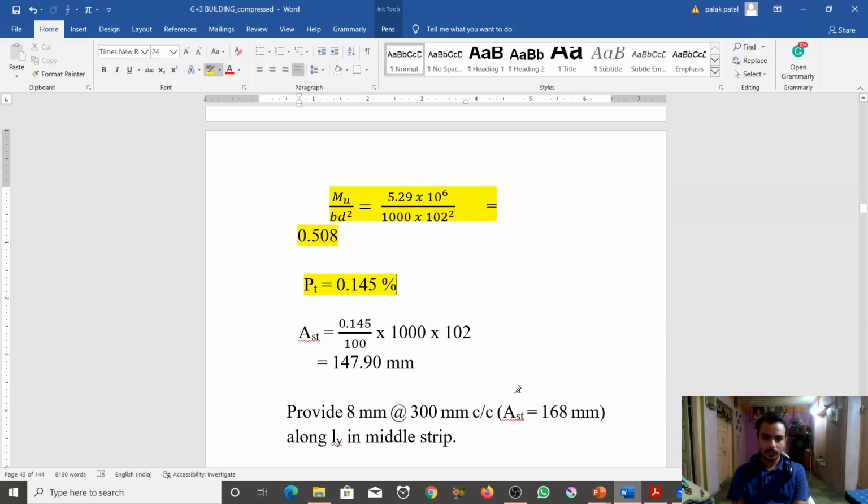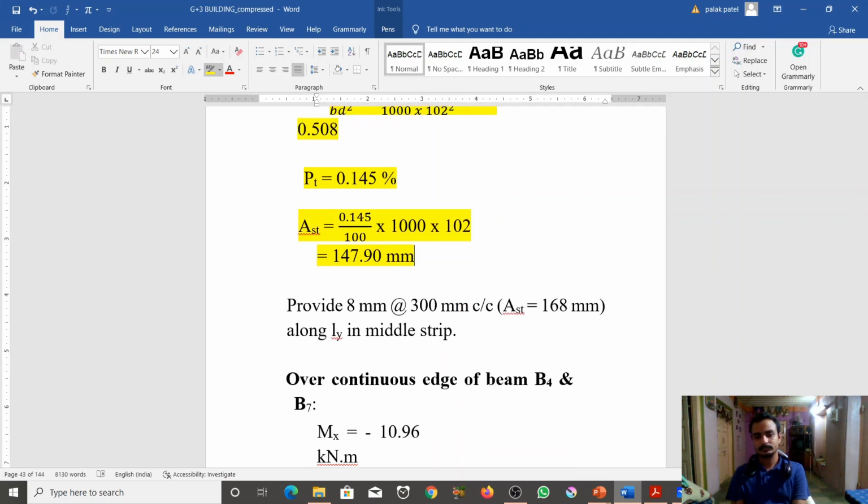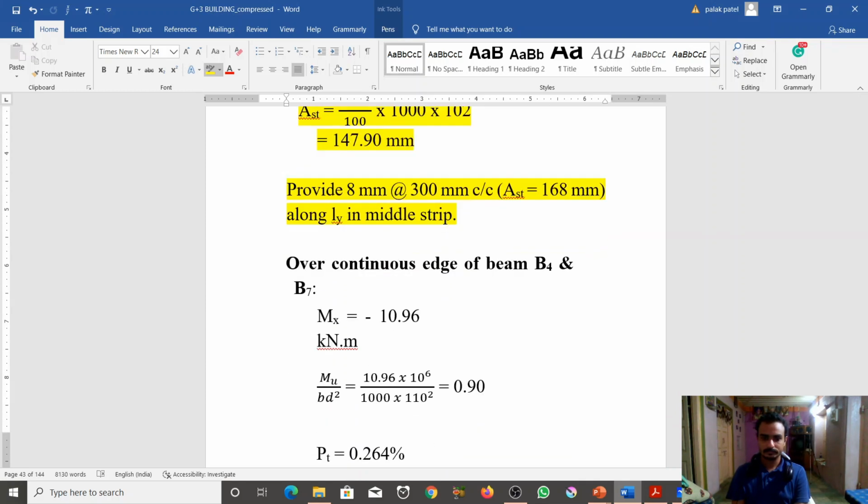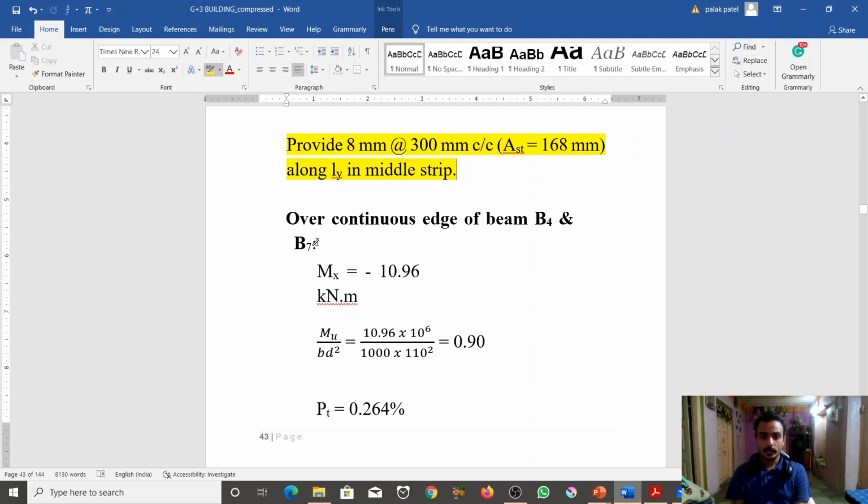Okay. Next Ast. So area of steel is 147.90 mm square. This is along ly direction. So 8 mm diameter bar at 300 mm center to center. This is provided.